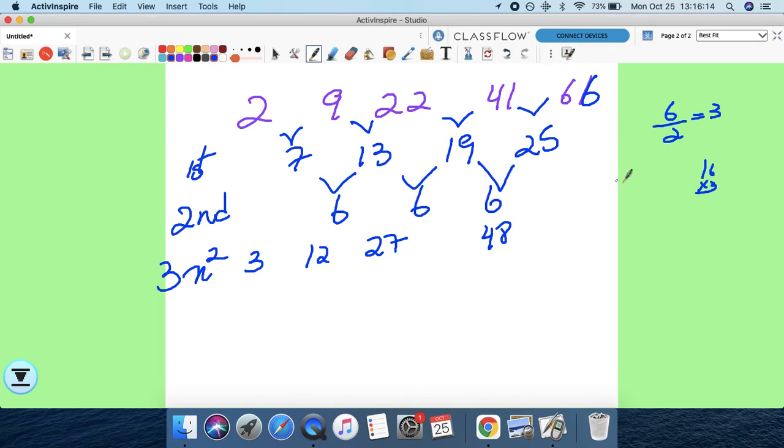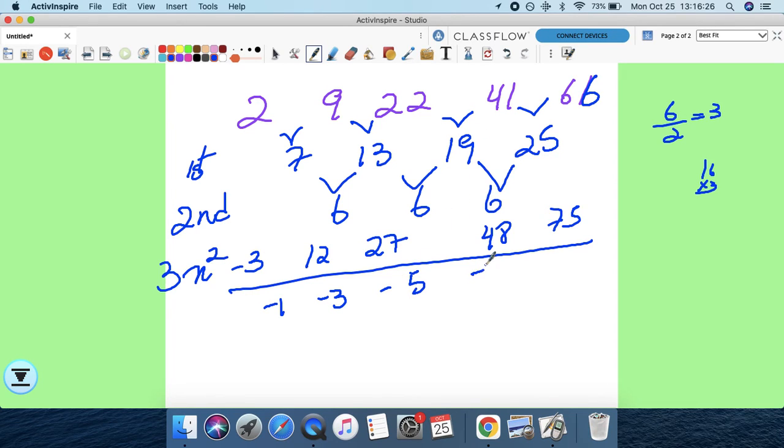And 5 squared is 25 and is 75 over here. When we subtract, we get negative 1, negative 3, negative 5, negative 7, and we should get negative 9 here. So let me write the rule: 3n squared.